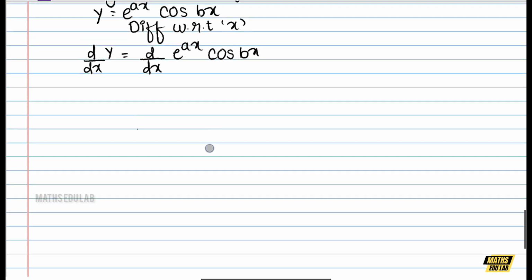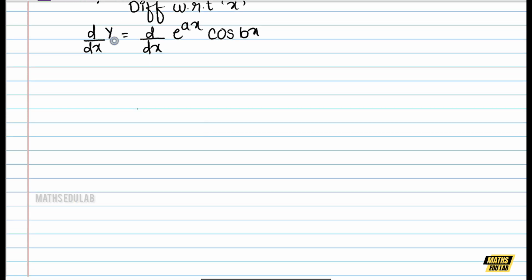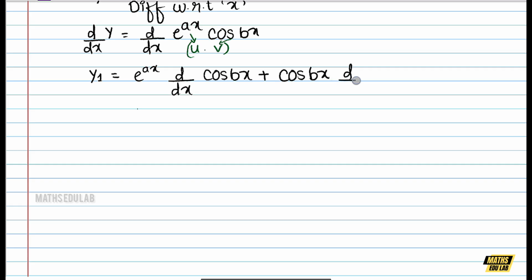Then, as we have the notation, the derivative of y we can write as y1, and following the uv product rule, e to the power of ax is our u value and cos bx is our v value. So I can write it as u, that means e to the power of ax, times the derivative of v, cos bx, plus v, cos bx, times the derivative of e to the power of ax.